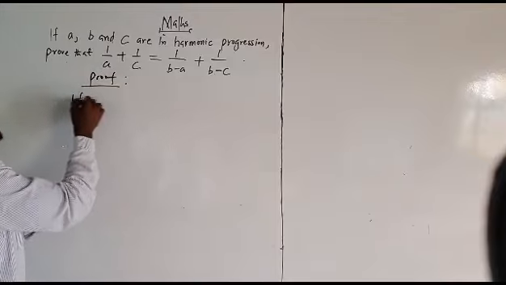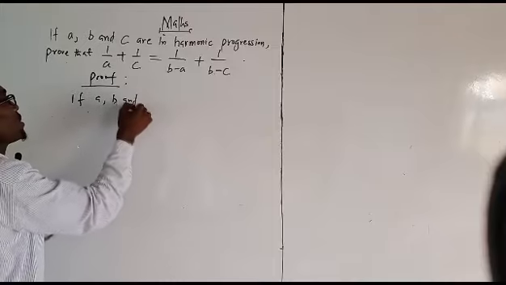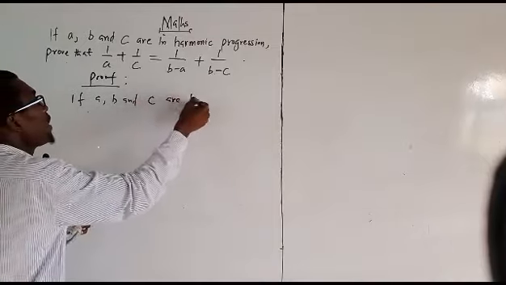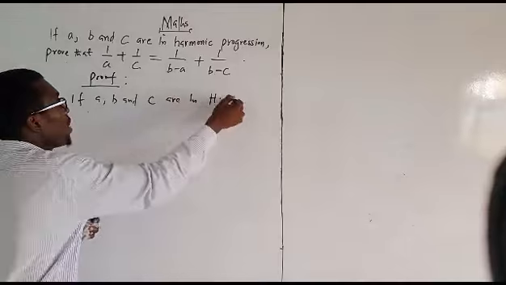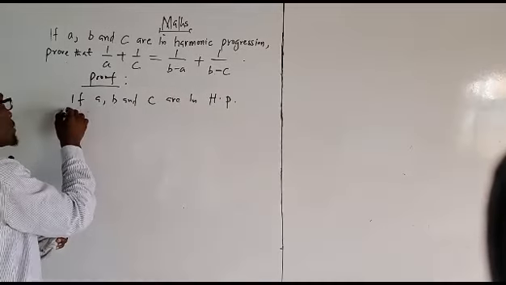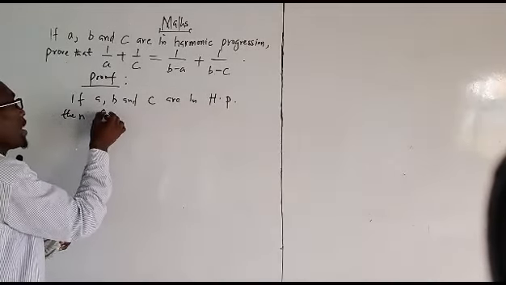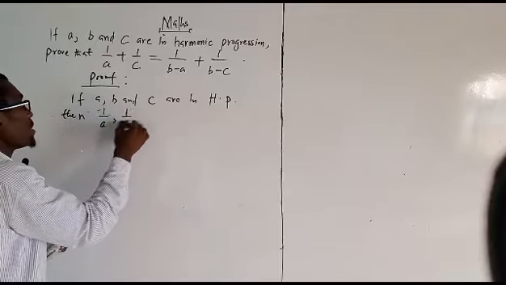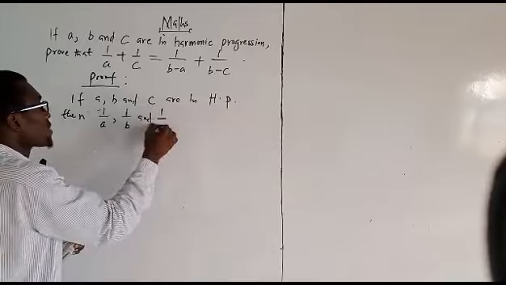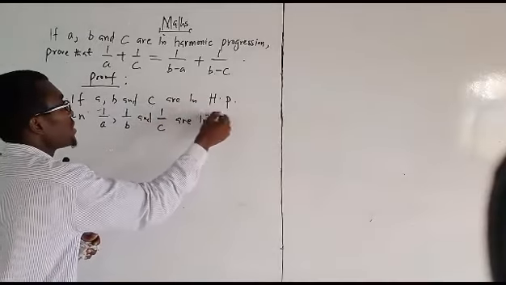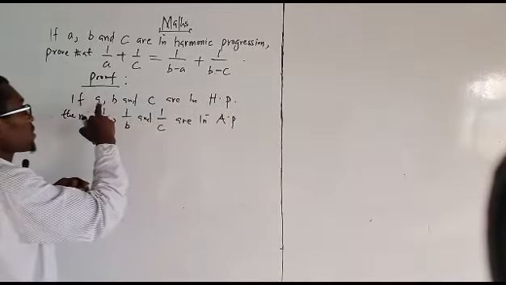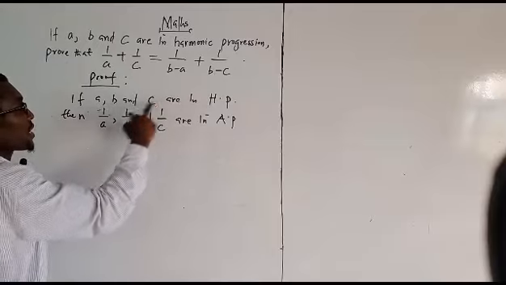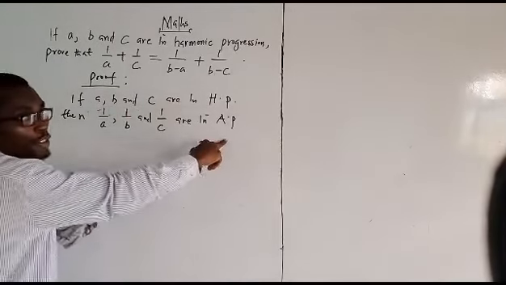Now, we can say if A, B, and C are in HP, by HP we mean harmonic progression, then 1 over A, 1 over B, and 1 over C are in AP. That is, if these three numbers are in HP, taking their reciprocal will return back to the arithmetic progression.